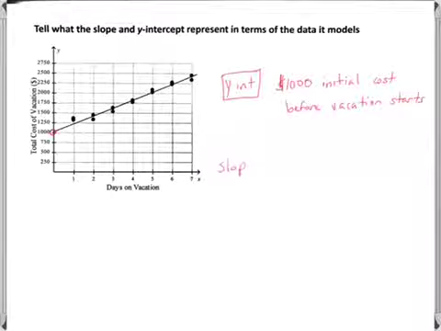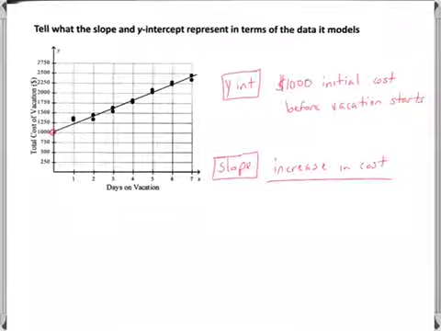Then your slope in this case, well, you're seeing an increase in total cost. And it increases as the length of your stay on vacation. So you see an increase in cost in reference to the number of days that you're on vacation.